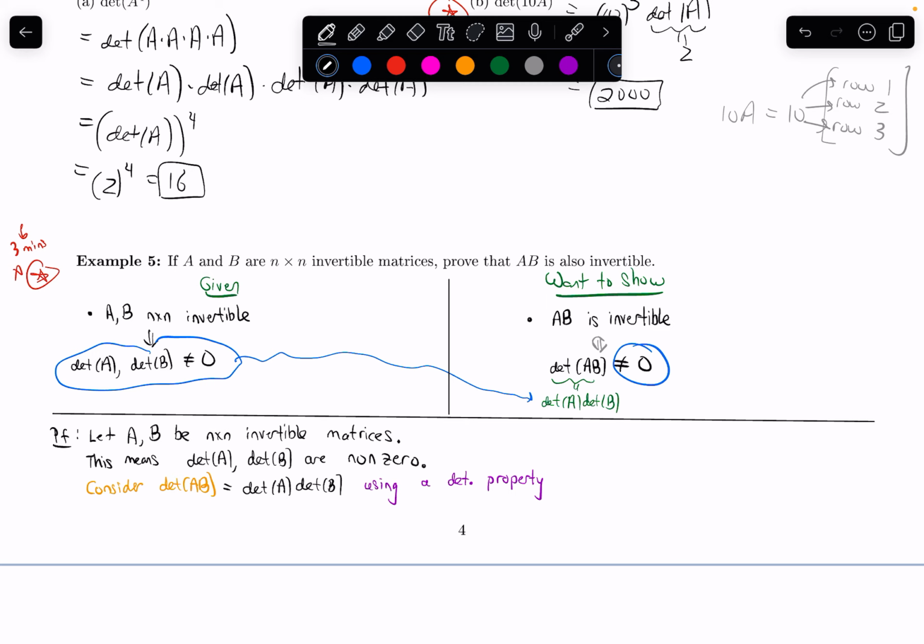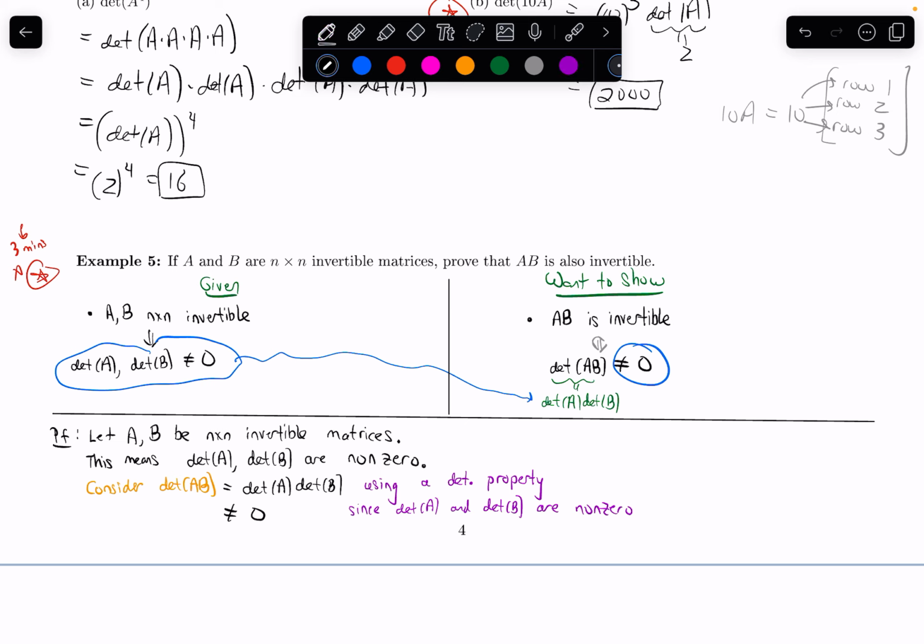Okay, and we know that both of these determinants are not 0, so multiplying them together is not going to be 0. So this is not equal to 0, and I'll give the reason why. Since the determinant of A and the determinant of B are non-zero. Sorry, my writing's kind of small because I'm running out of room here, so I'm trying to fit it on this page.